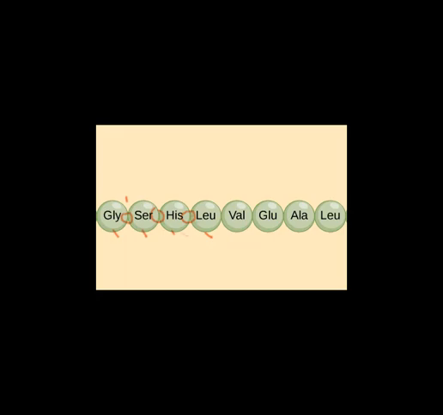They're linked via a covalent bond, and that bond is known to be a peptide bond. The reason why I'm showing this figure to you is to remind you that when we have a bunch of amino acids connected like this with one another, this is known to be the primary structure of a protein.